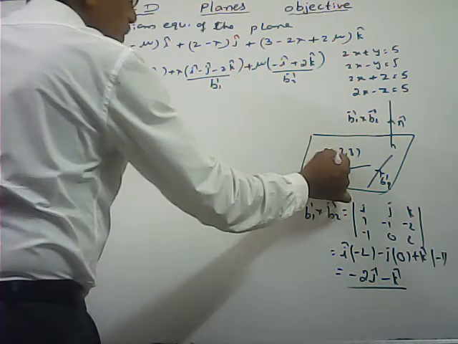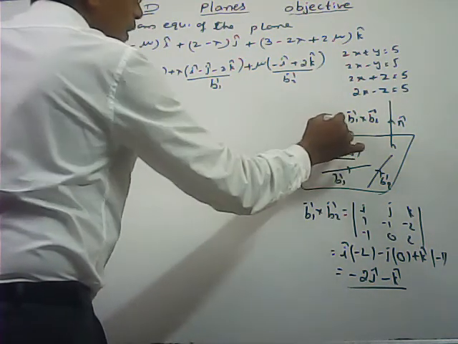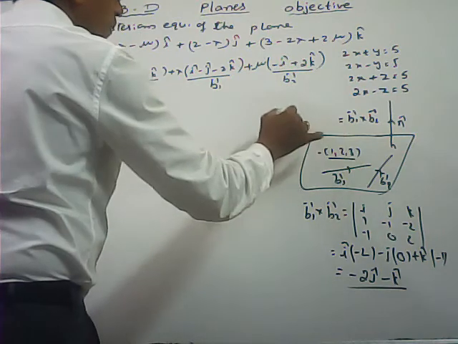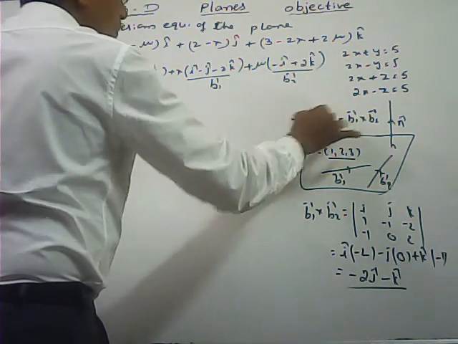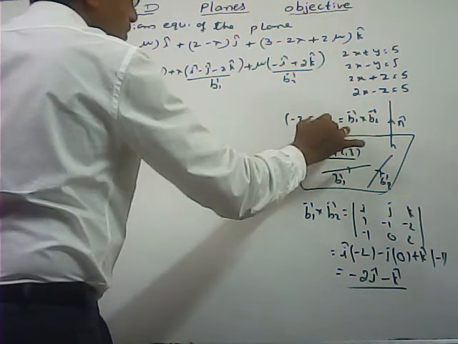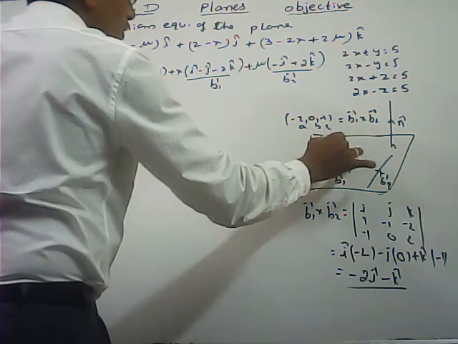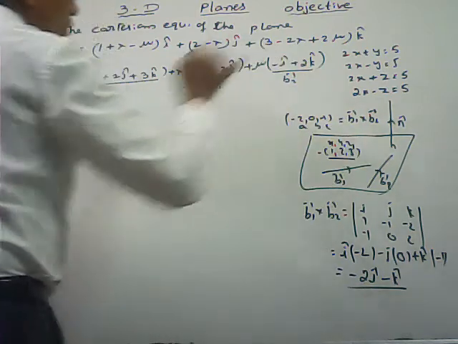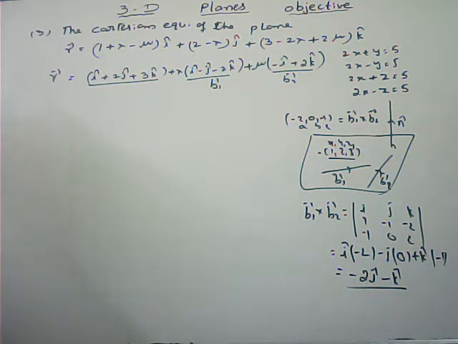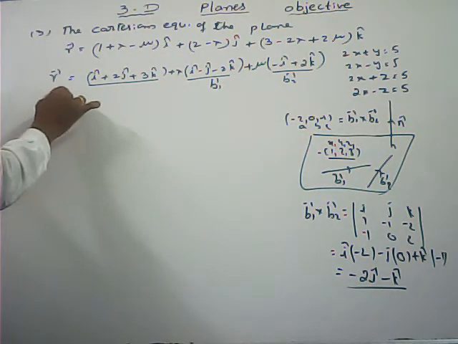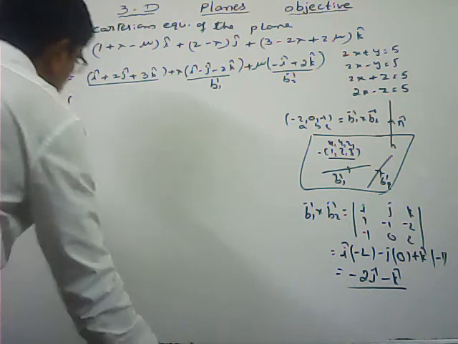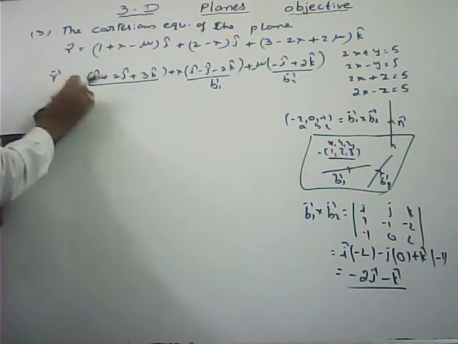Now this is passing through the point 1, 2, 3 and the normal vector is given, minus 2, 0, minus 1. This one I am taking A, B, C, passing through the point x1, y1, z1. Here one more theorem is there. The equation of the plane passing through the point x1, y1, z1 with normal direction ratios A, B, C is A into x minus x1 plus B into y minus y1 plus C into z minus z1.